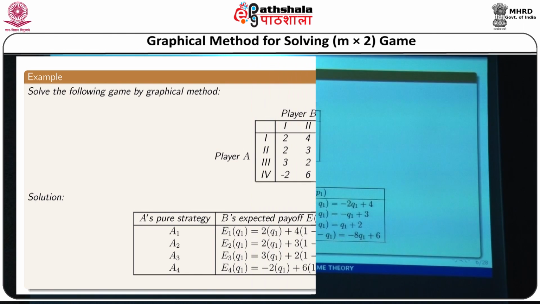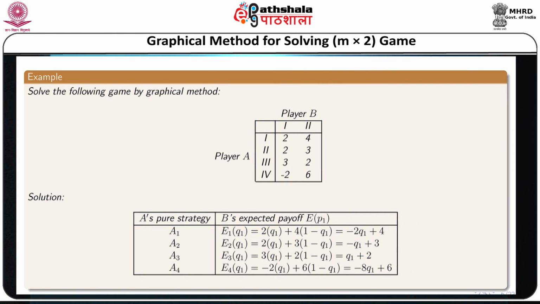Now, we will consider an example for an m by 2 game, and we will solve it. Here the payoff matrix is of size 4 by 2, and we will solve this game using the graphical method.